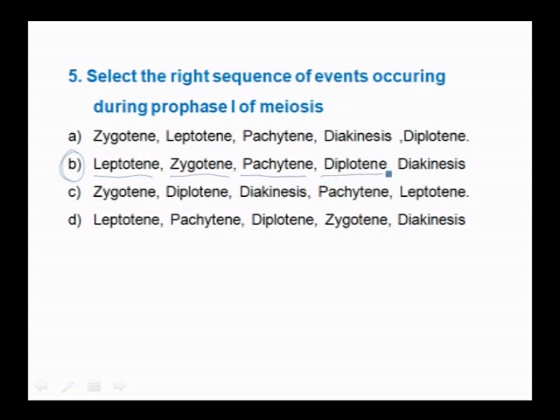Diplotene is a stage where the crossing over almost ends and terminalization starts. Diakinesis is actually the end of prophase 1, where the remaining terminalization is completed. Therefore, prophase 1 is also completed.